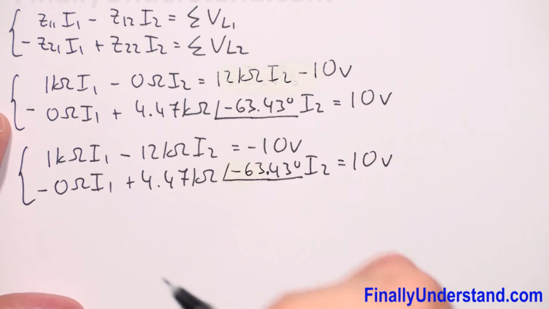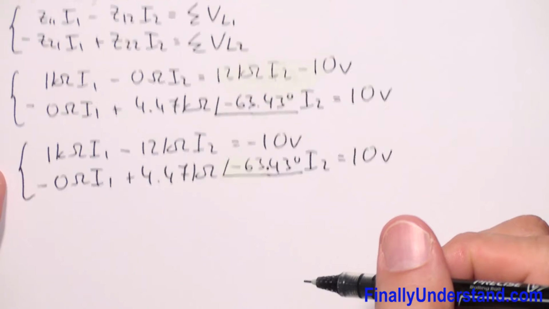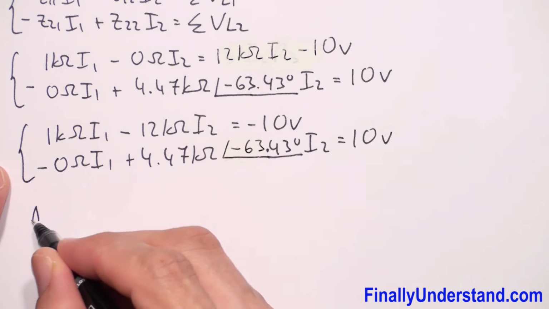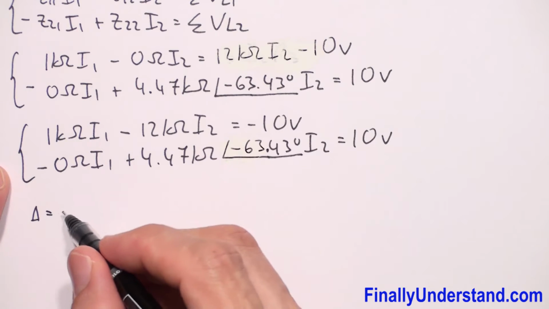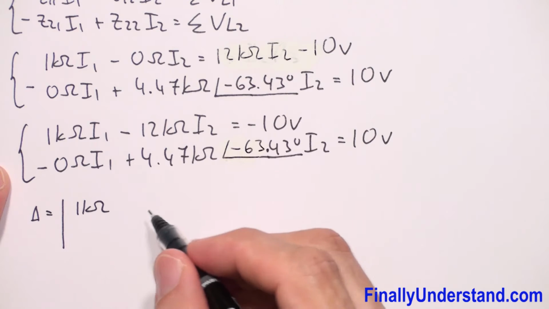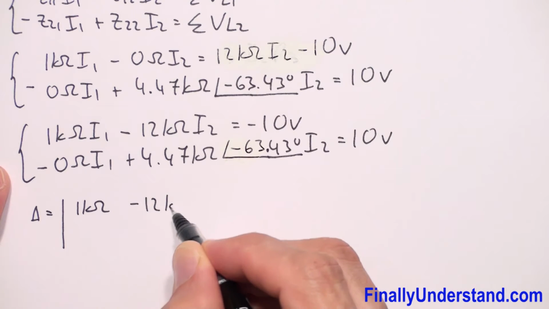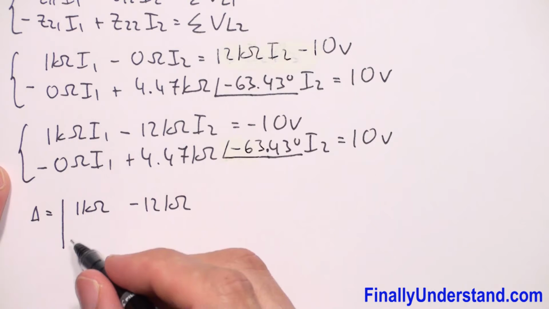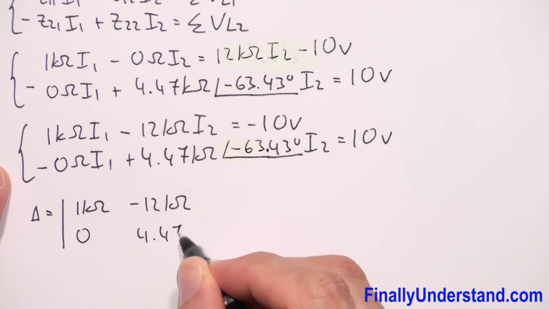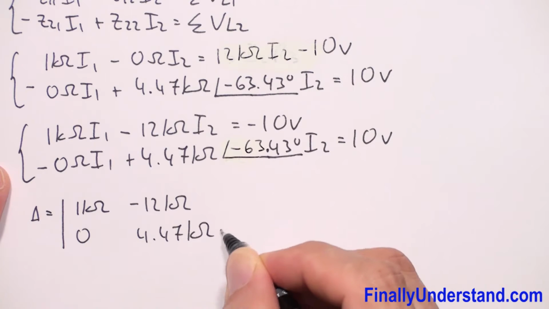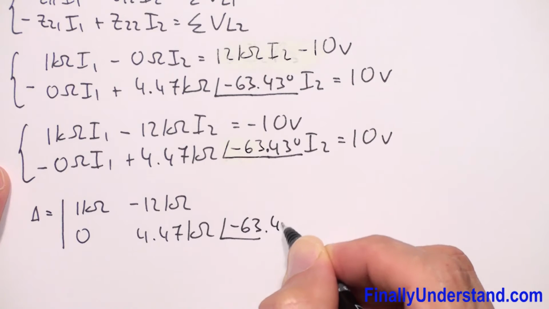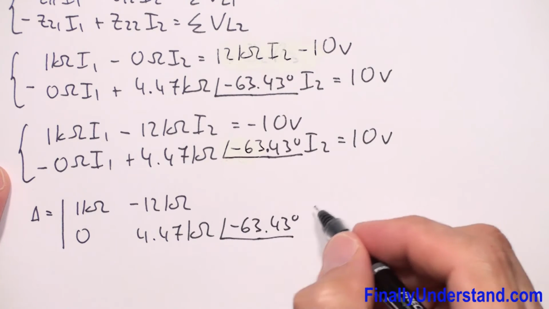Okay, so now we can find the delta. Okay, so delta is equal, I have 1 kilo ohm and I have minus 12 kilo ohms and I have 0 and I have 4.47 kilo ohms and angle of minus 63.43 degrees.